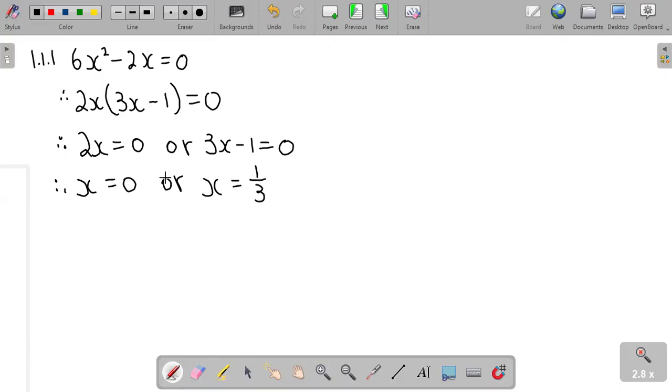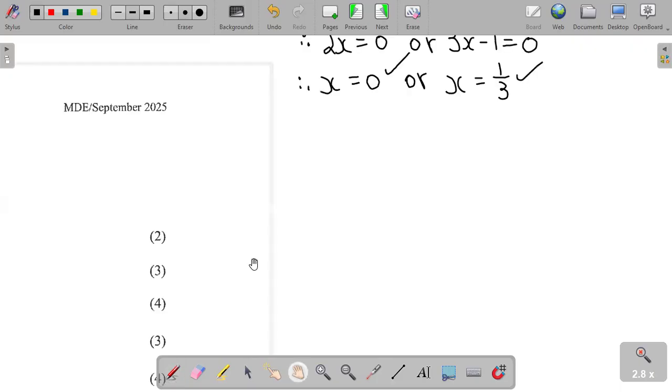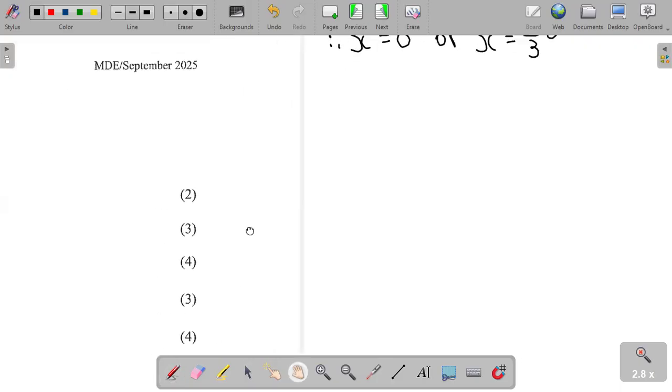So this is 2 marks, guys, you see. There's 1 mark here and 1 mark there. So it's only 2 marks.